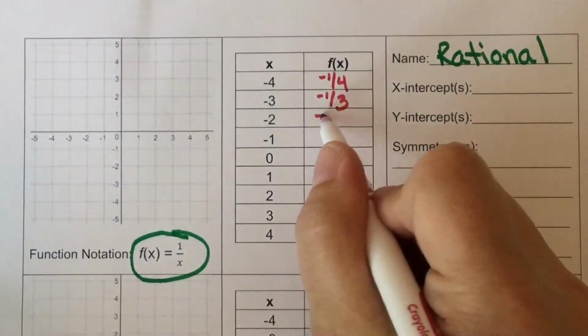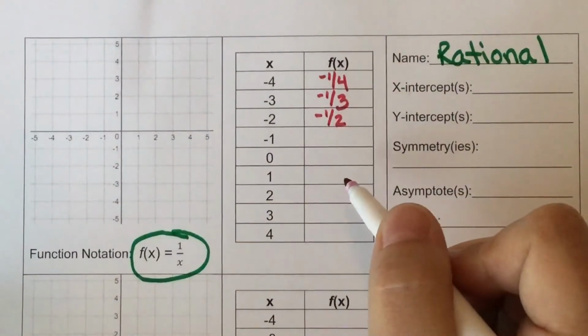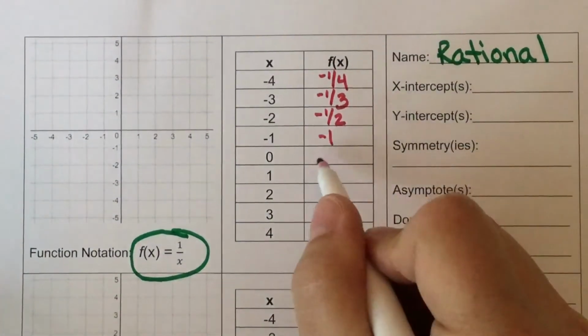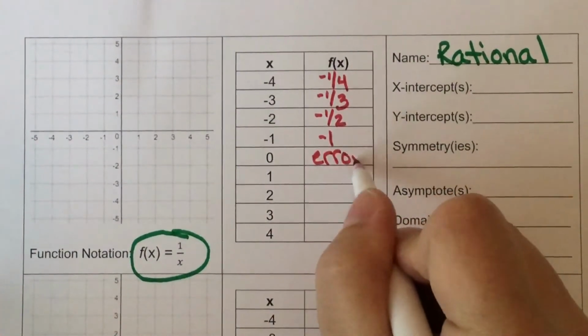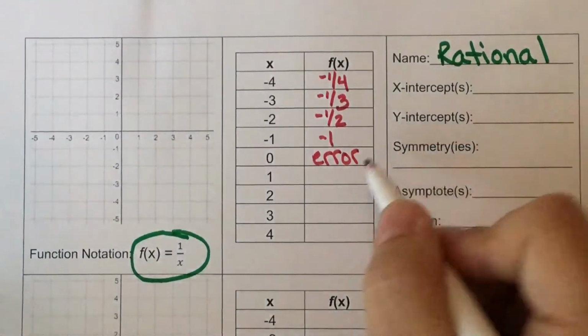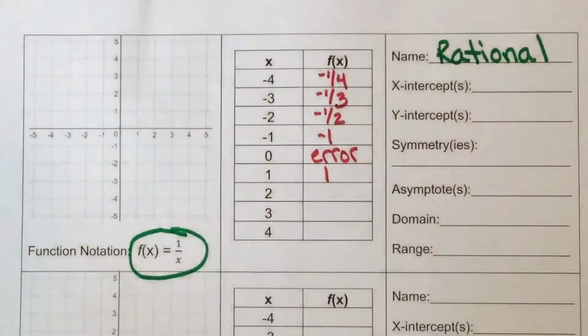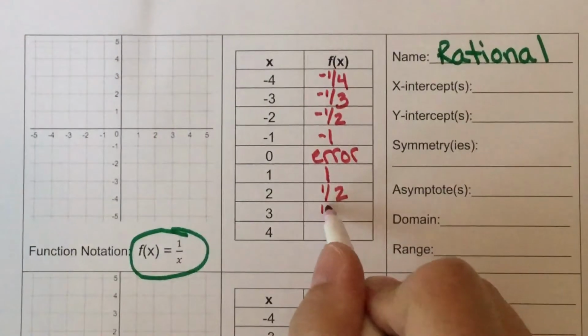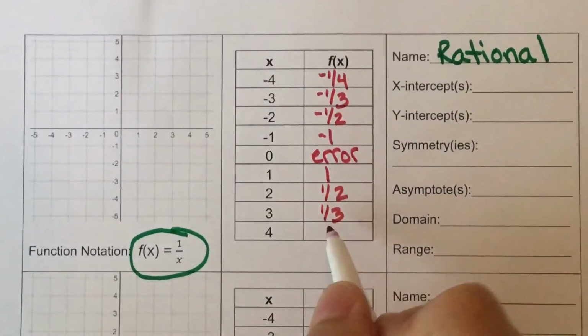Negative 2 said negative 1/2. Negative 1 said negative 1. 0 was an error. 1 said 1. 2 said 1/2. 3 said 1/3. And 4 said 1/4.